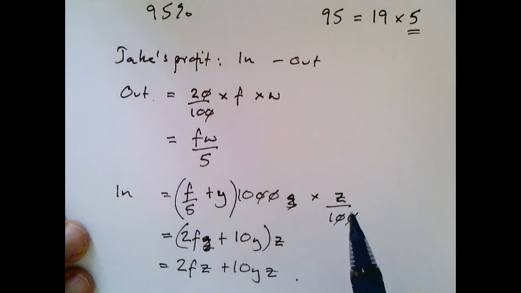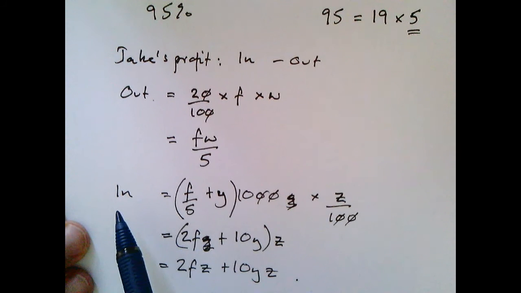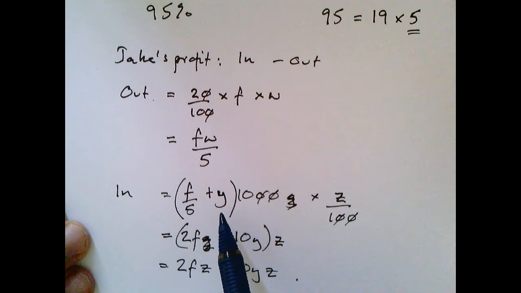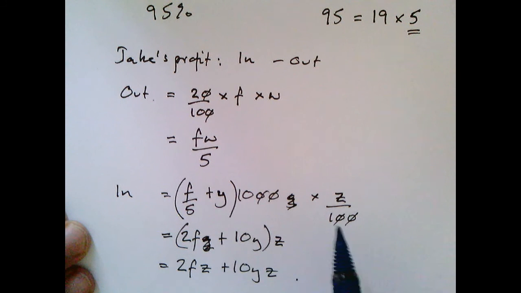Okay, just run through that again. So the amount that he gets coming in is the amount of flour he had, so a fifth of the flour in kilos, plus the amount he gets from Jill, and then we're working out how much per gram he gets.